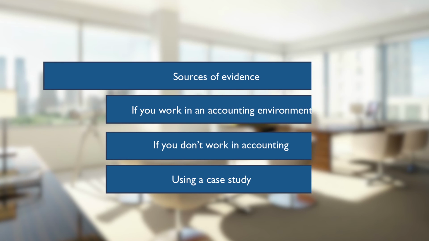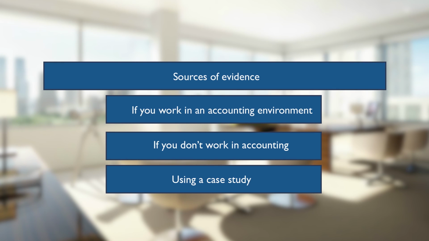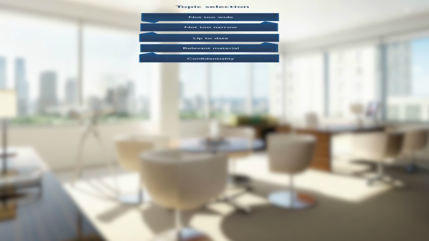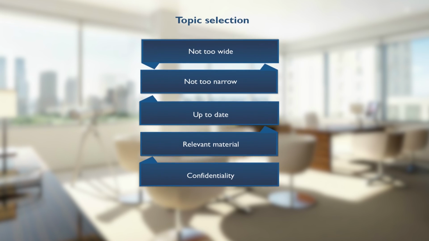Summary. There are 3 sources of evidence you can have and use for your report. If you work in an accounting environment, you can use your latest workplace evidence. If you don't work in accountancy, you can use voluntary or any experience gained in the last 2 years, or you could use a case study. You must include the following.